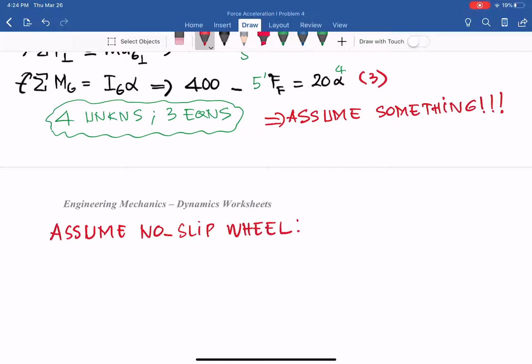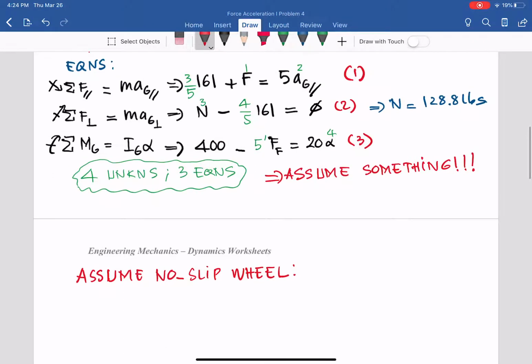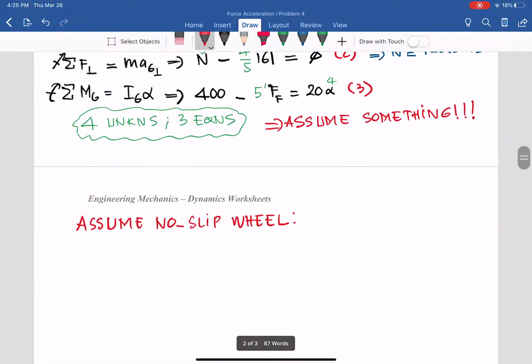But in this case, we talk about the acceleration. So we use it properly. We don't want to introduce another unknown. We only want to find the relationship between the unknowns 1, 2, 3, 4 in the first three equations we have. So here is about acceleration. Because G is the center, it will be equal to alpha r for no slip wheel.